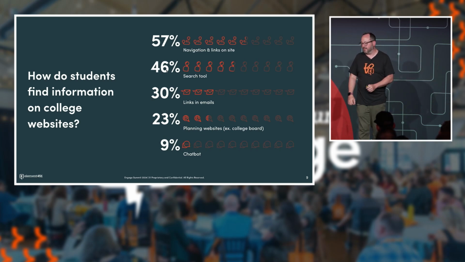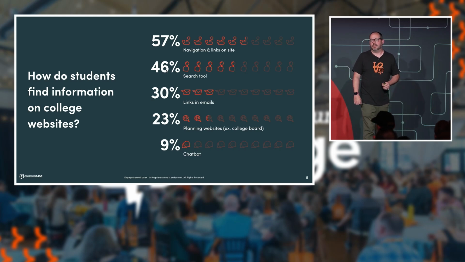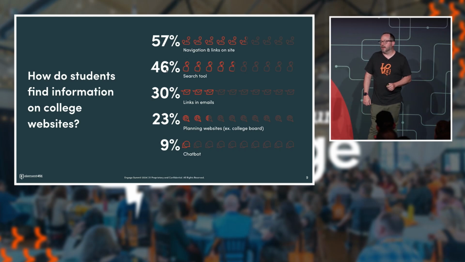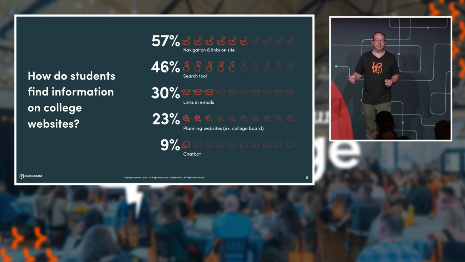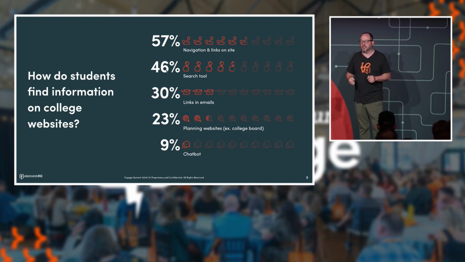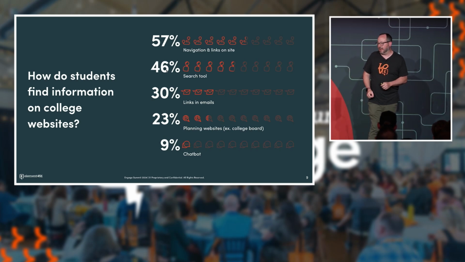They can't find the information. And way down there at the bottom is using a chatbot or something like Bolt Discovery. And we want to flip the script on that, and we want to see that number skyrocket to be the number one way that students, parents, and other stakeholders at our institutions are gaining that knowledge.